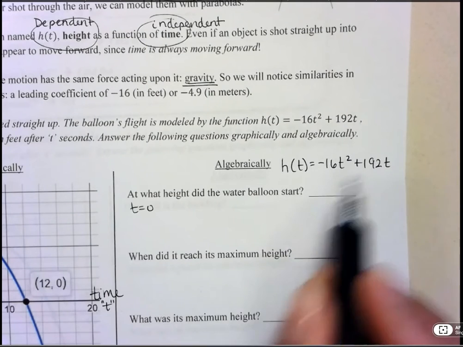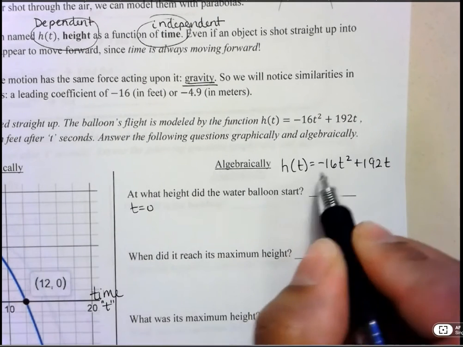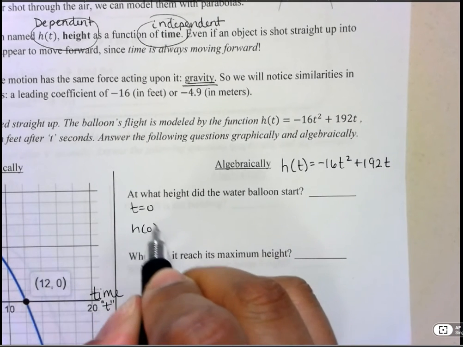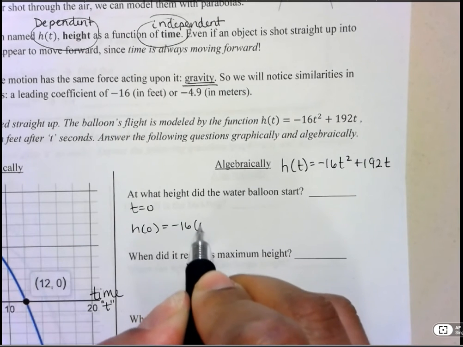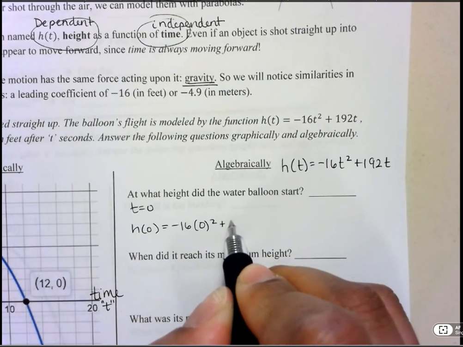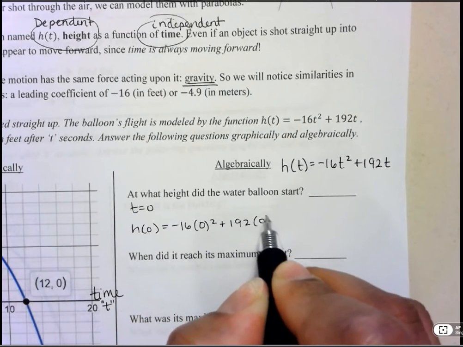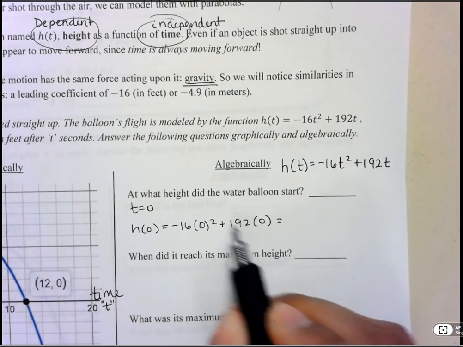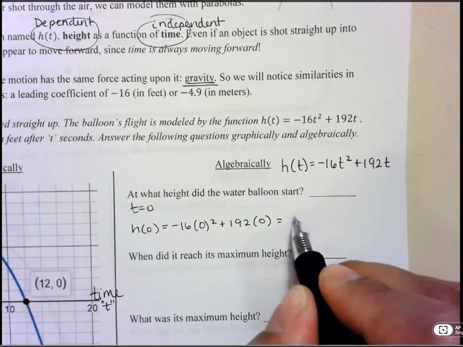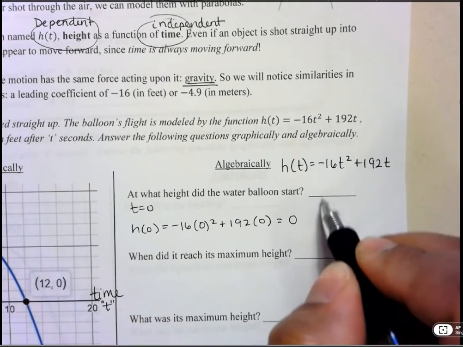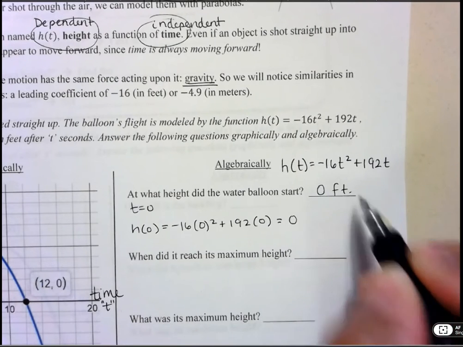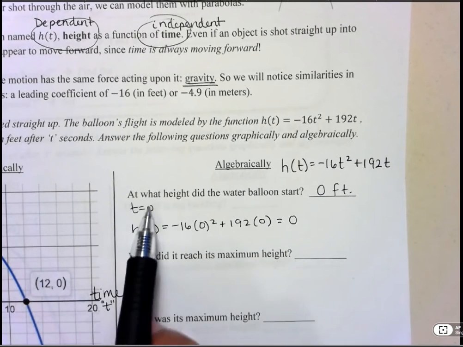So we need to plug 0 into the function. What was the height at 0? Negative 16 times 0 squared plus 192 times 0. This goes to 0, that goes to 0. You can put it in your calculator. You get an answer of 0. So the height was 0 feet at time equals 0.